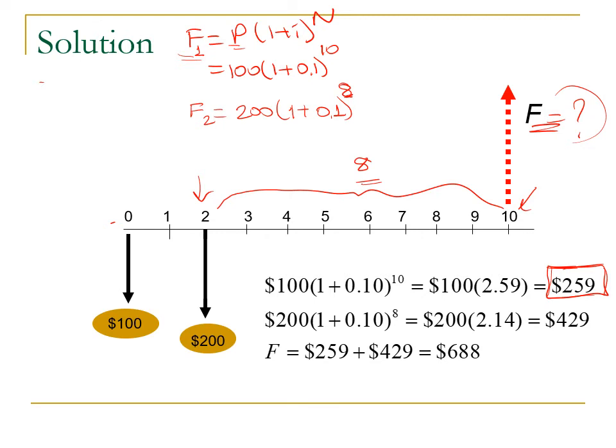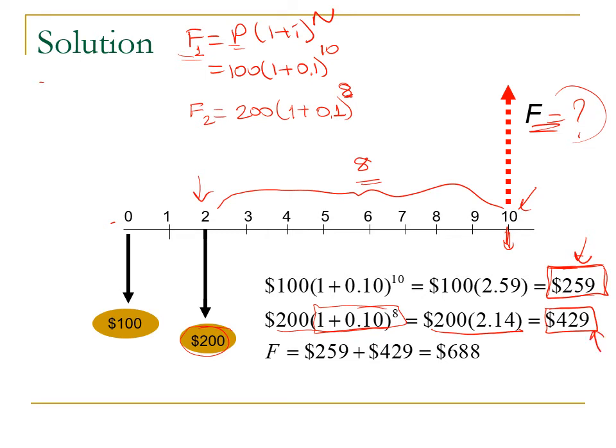Okay, we simply do the calculation in this way, and this value, we just calculate this one using your calculator, and then we obtain this value. Okay, so this is the second one, the equivalent value of this $200 at the end of year 10. Now this amount is in year 10. This amount is also in year 10.